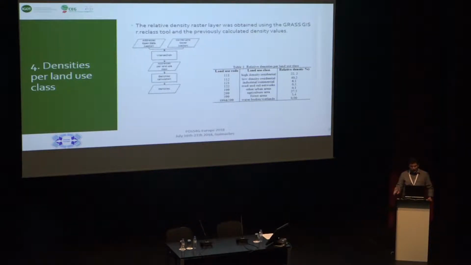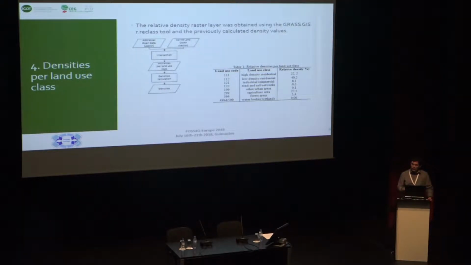Another problem that we needed to solve is the densities or the weights by land use classes. And this was solved using the addresses open data layer. It's a point layer that the National Statistical Institute is delivering to all the people as open data, and we use it to calculate these densities.